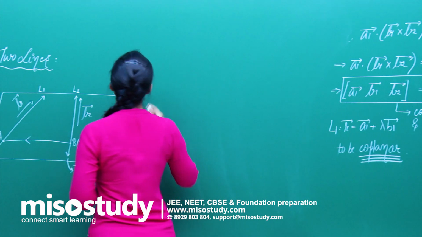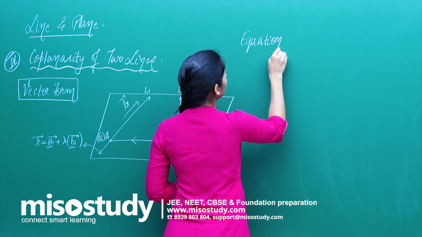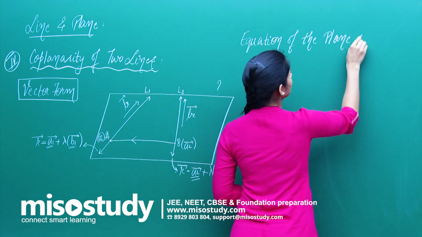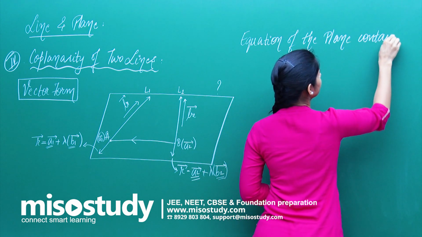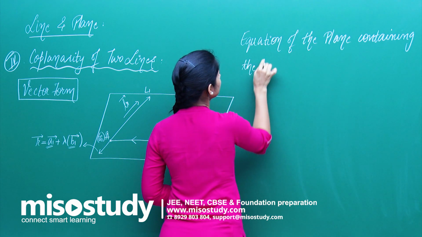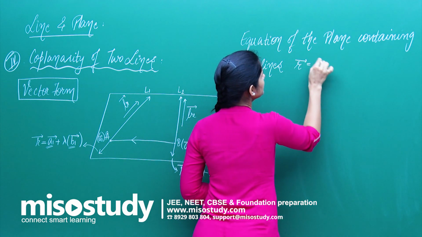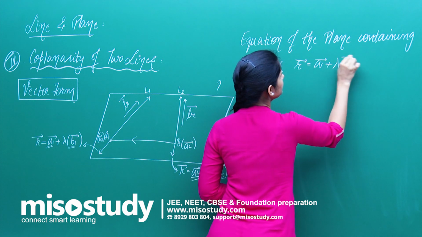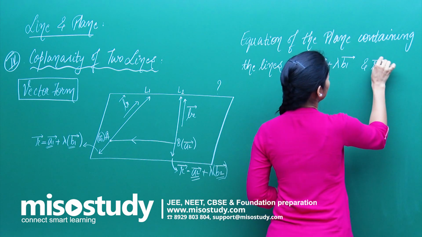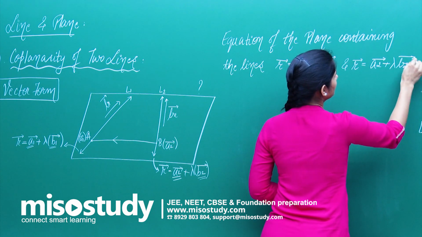Over here, we are now running behind the answer of the equation of the plane containing the lines r vector equals a1 vector plus lambda times b1 vector and r vector equals a2 vector plus lambda times b2 vector.